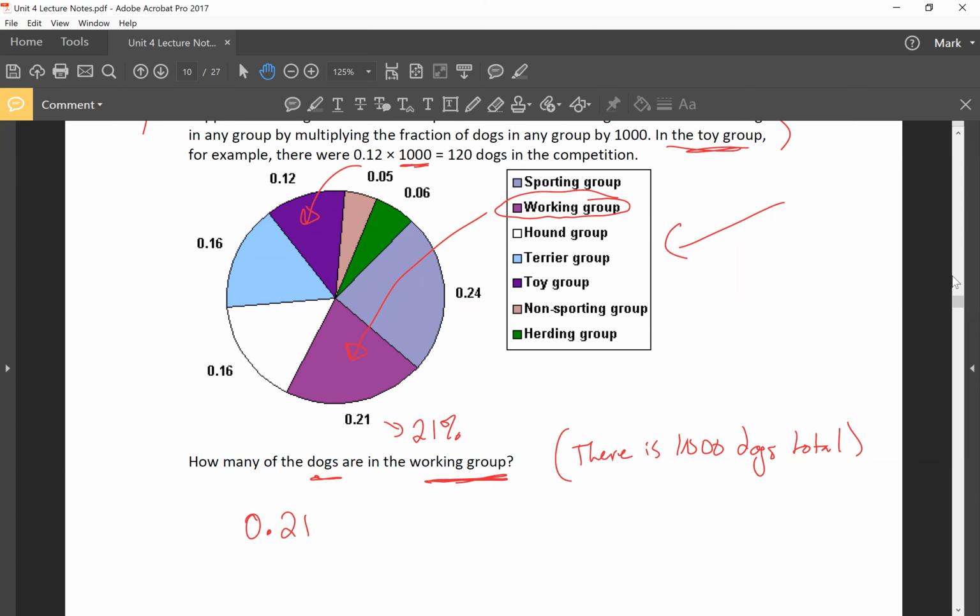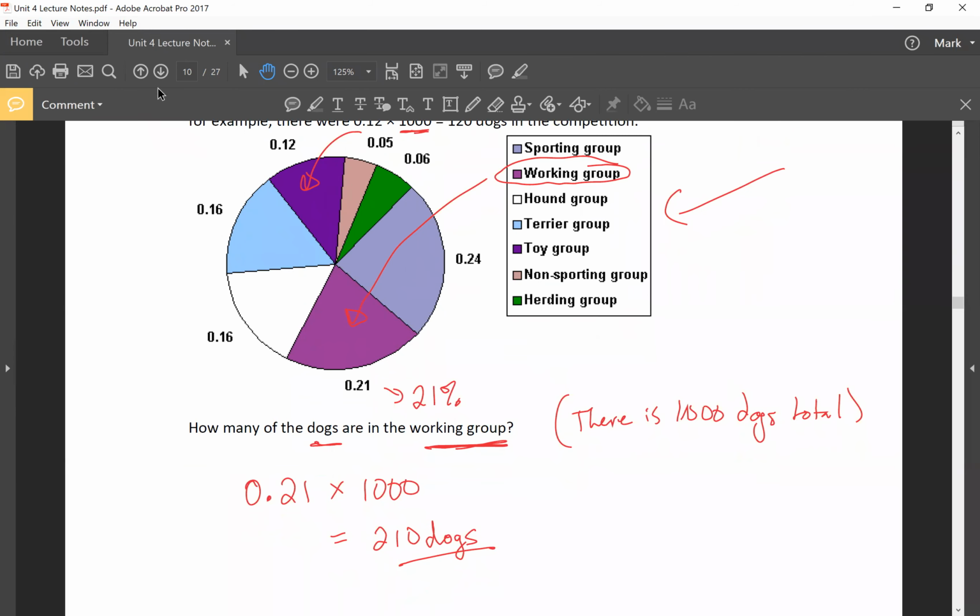Again, not my favorite type of graph, but 0.21, or 21%, of the dogs are worker dogs. There's 1,000 dogs, so 210 of them. Excellent. Easy. All right, let's move down.